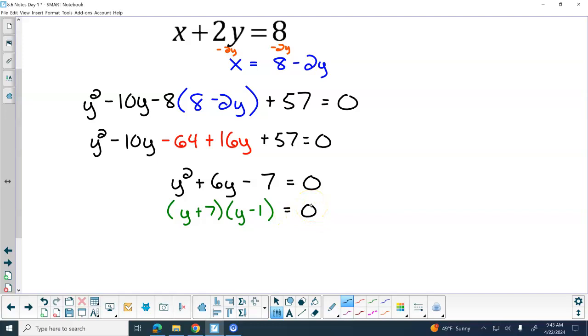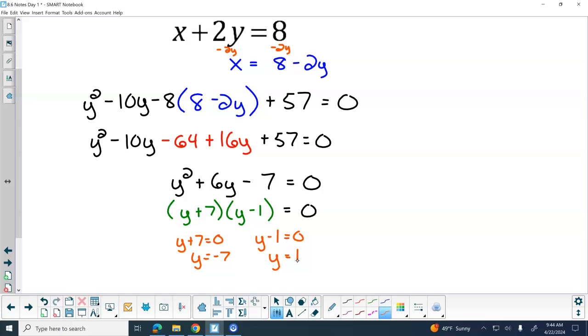And we put forward y equals negative 7, y equals positive 1.